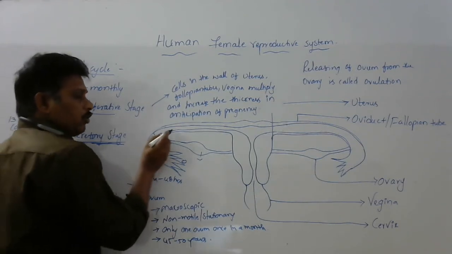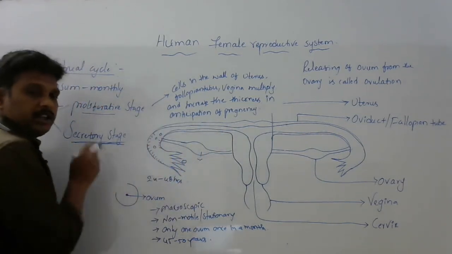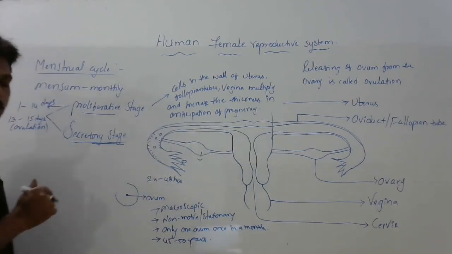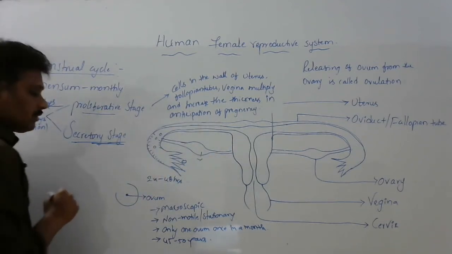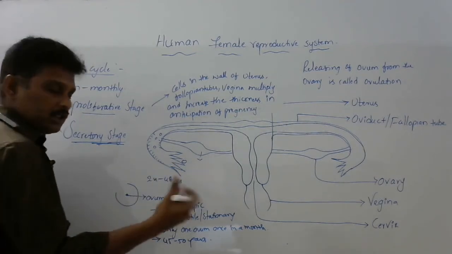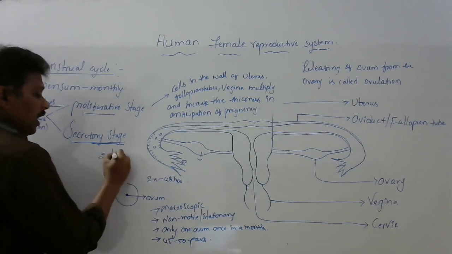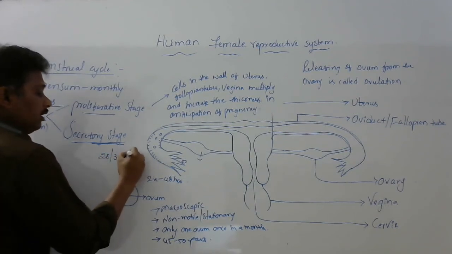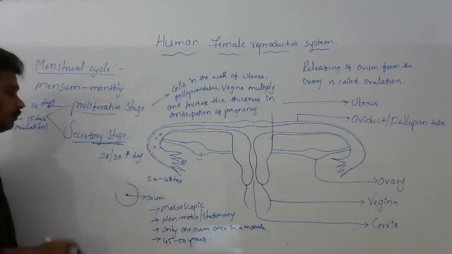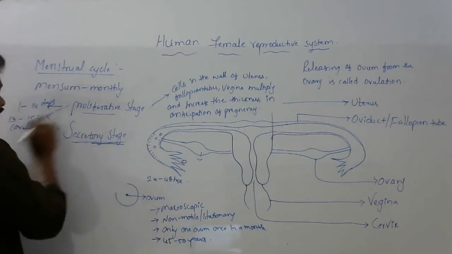After fusion, the zygote slowly moves in this tube and has to reach this uterus. It takes some days time. That is why it waits. The reproductive system waits for a few days. If zygote doesn't come, exactly at 28th or 30th day, the secretory phase waits for 3 or 4 days.